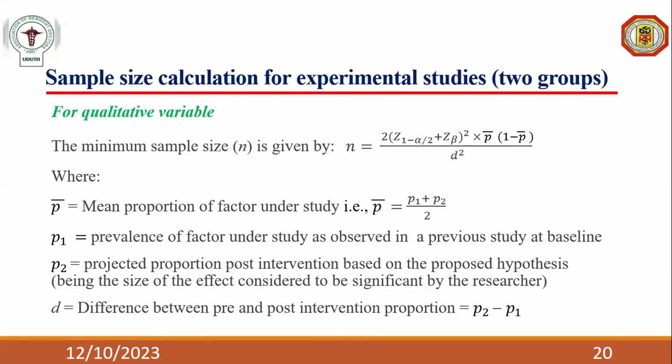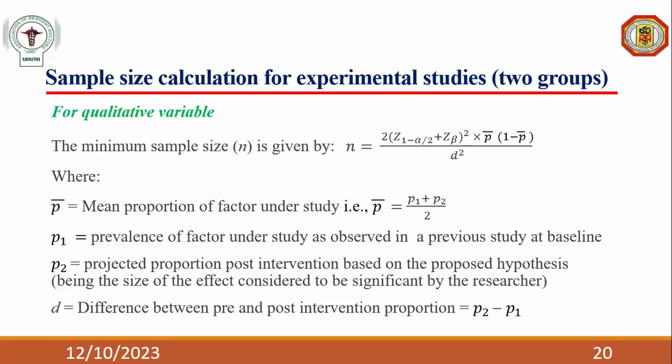That is P1 plus P2 all over 2. And we know P1 is the prevalence of the factor under study as observed in a previous study at baseline, while P2 is the projected proportion post-intervention based on the proposed hypothesis. Then D is the difference between pre and post-intervention proportion.